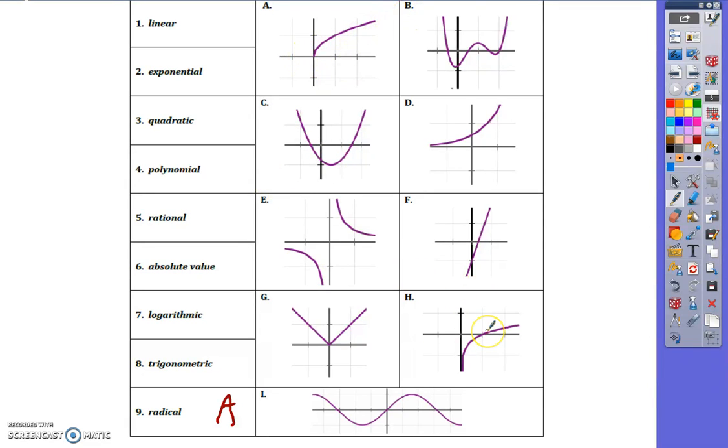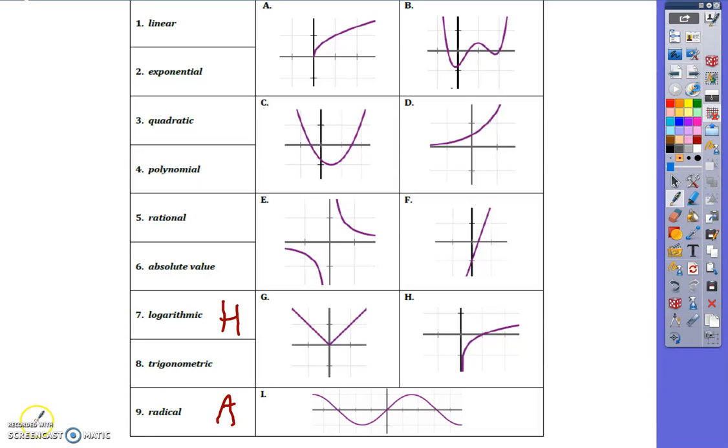Versus h, which is our logarithmic function, which has an asymptote instead of a starting point. We've got our asymptote here at y equals 0, and you can tell it's an asymptote because the line is getting hugged close here and then it's growing. Those two look very similar and can be very easily confused. So I wanted to do those two, but for the rest of this you're just going to match the words to the pictures.